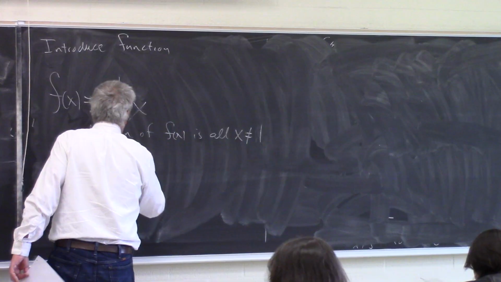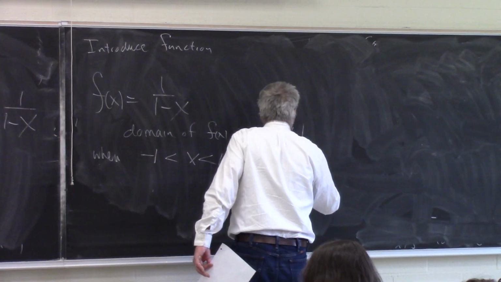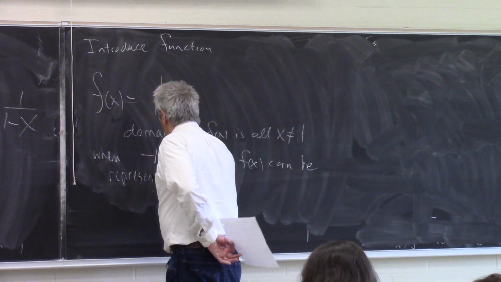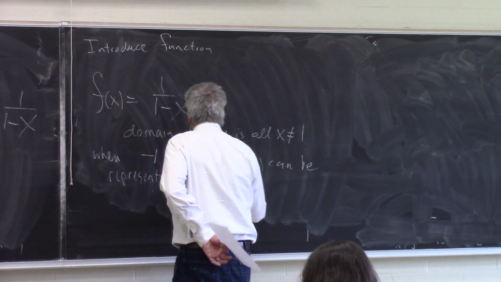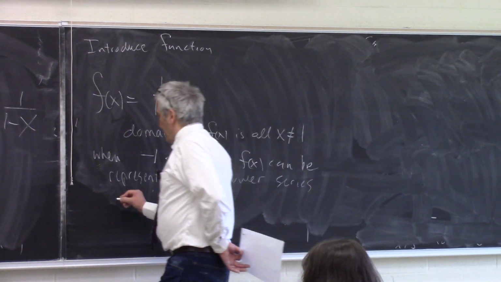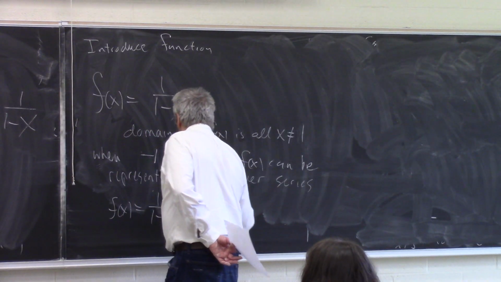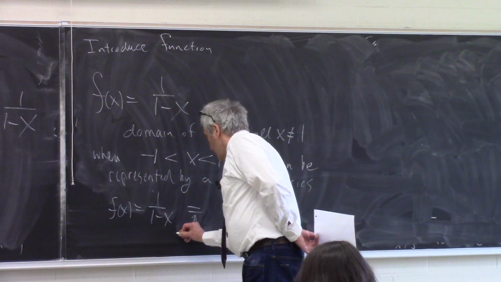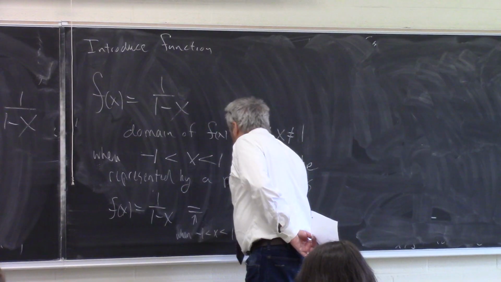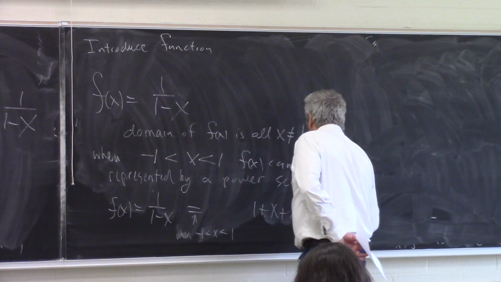So when x is between negative 1 and 1, f of x can be represented by a power series. So f of x equals 1 over 1 minus x, and this is true when x is between negative 1 and 1. This is equal to 1 plus x plus x squared plus that power series.